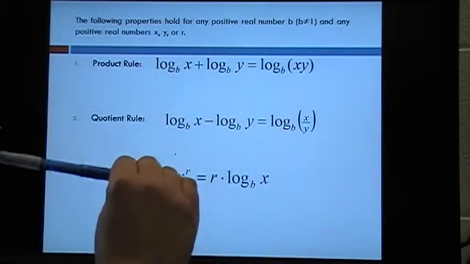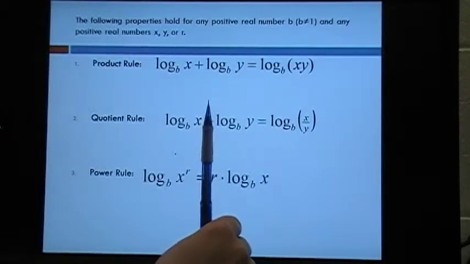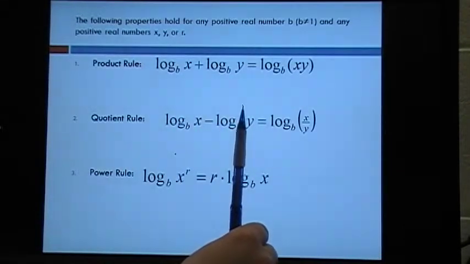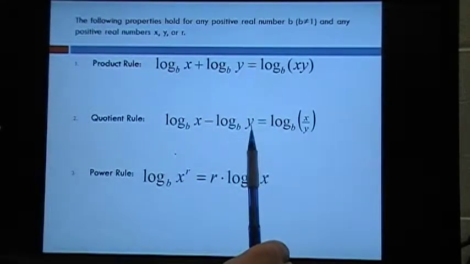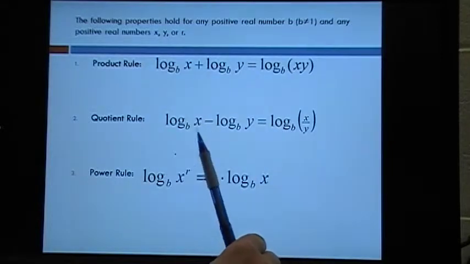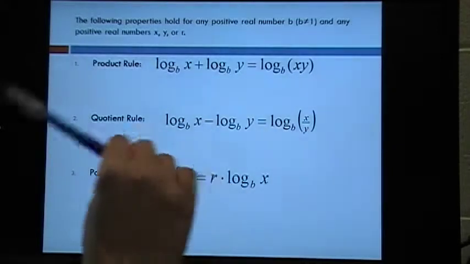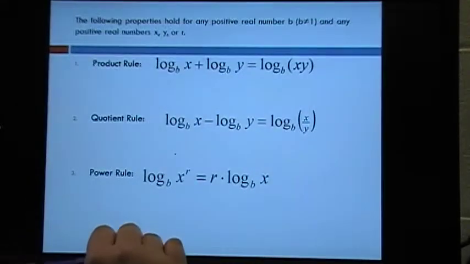The quotient rule says that if you are subtracting two logs of the same base, that this difference would be equal to a log of base b, the same base, with the argument of the first divided by the argument of the second.